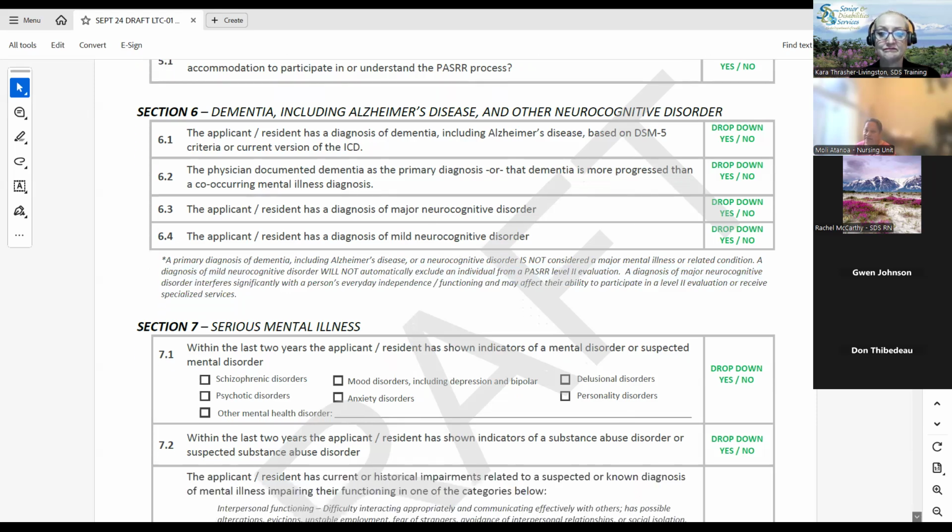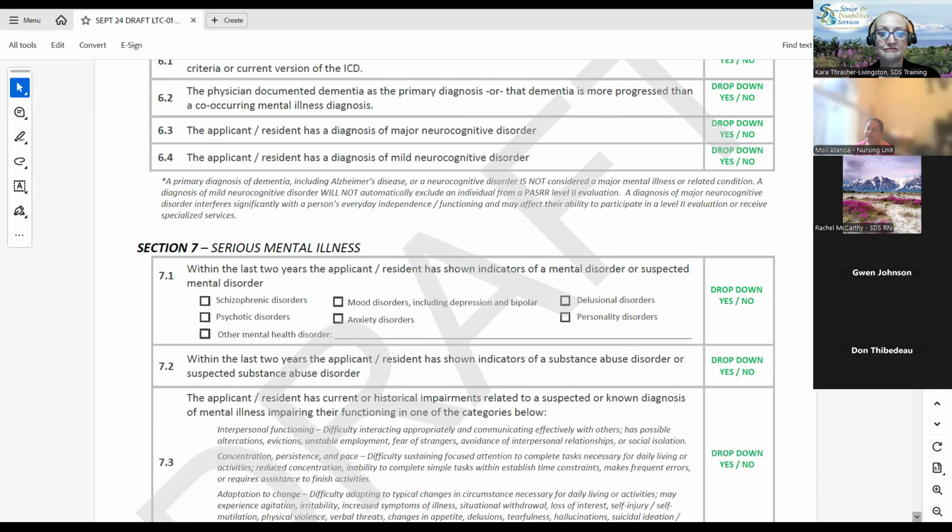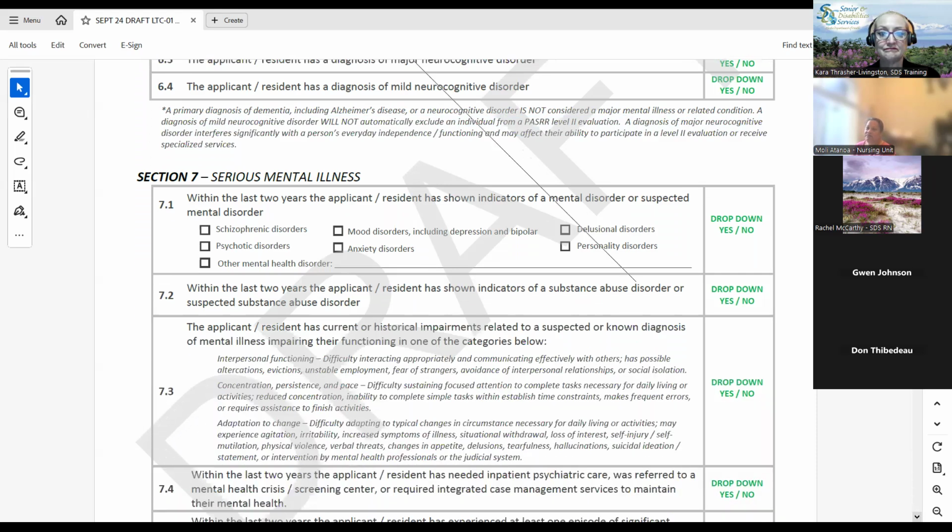Section 7, we get into a little more detailed information about SMI, or serious mental illness. Looking at the selections provided there, again, answers are drop downs and are specific yes/no responses.